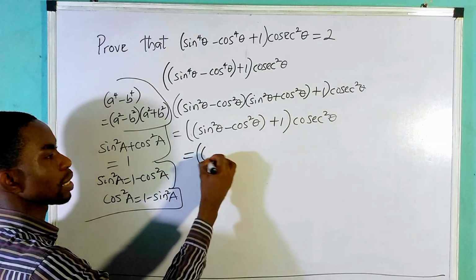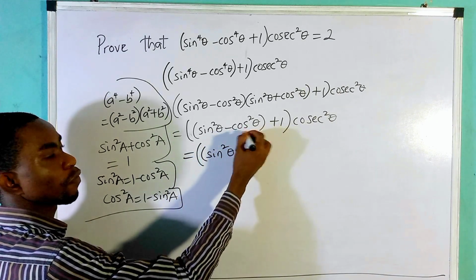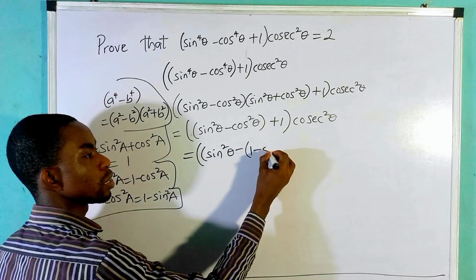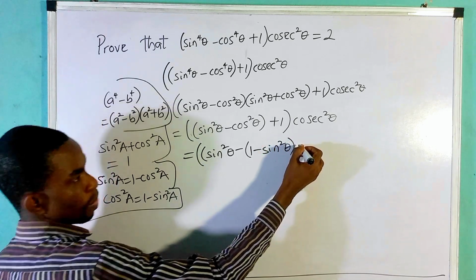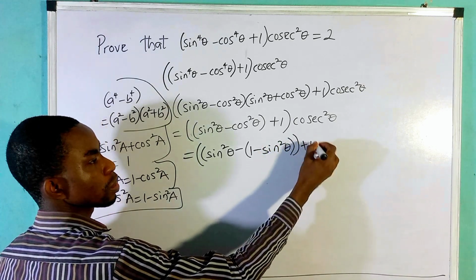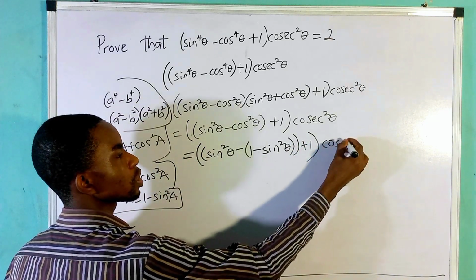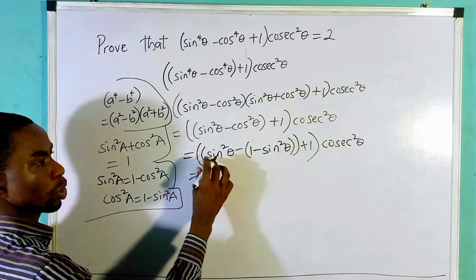And I can write that as sine square theta minus, instead of cos square theta, 1 minus sine square theta. And then that will be plus 1, then multiplying cosec square theta. And then I'm going to open this bracket.